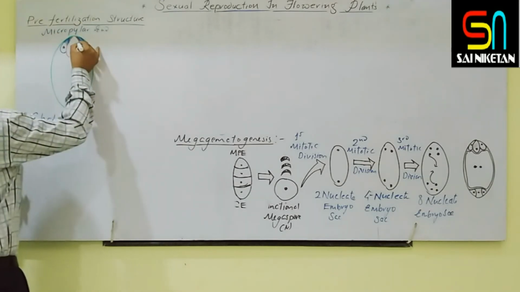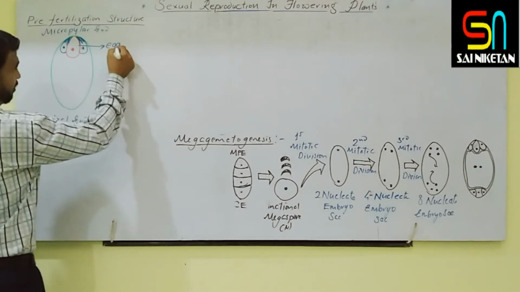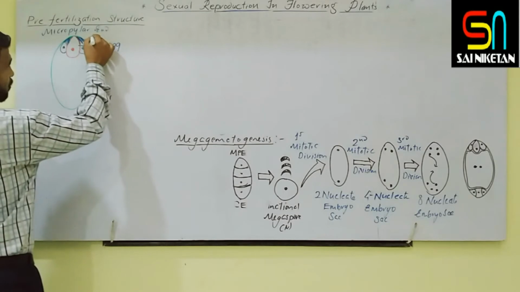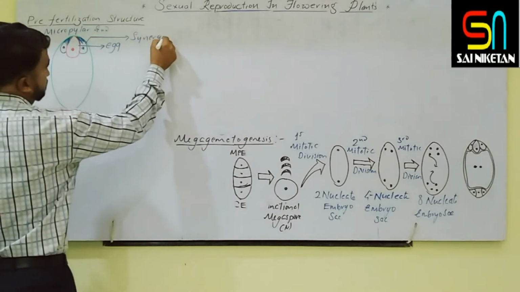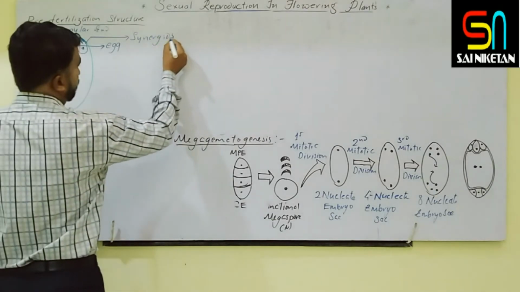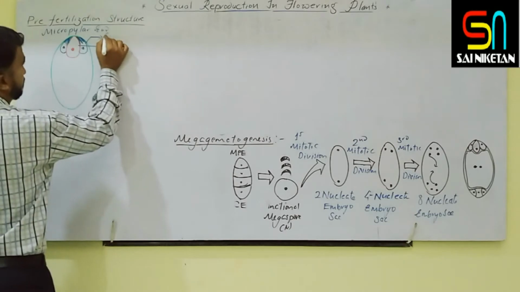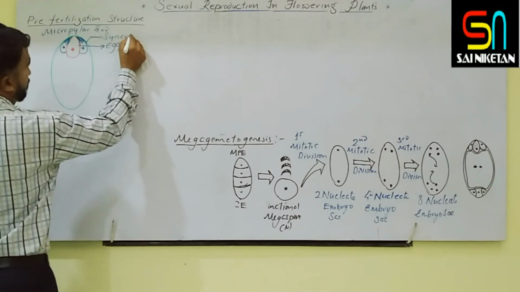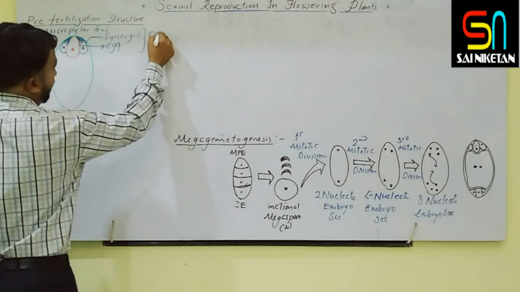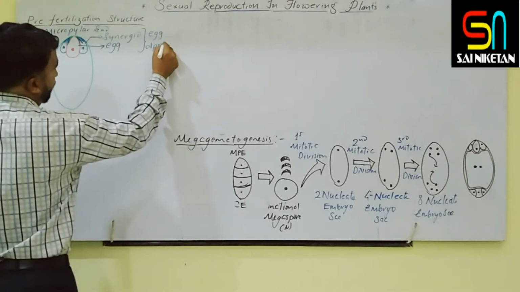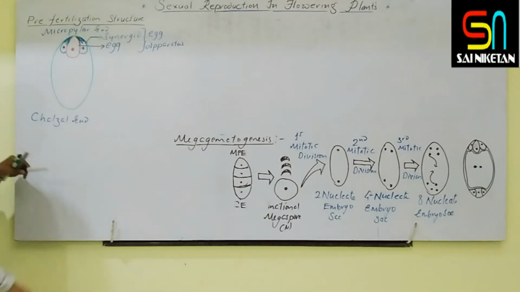In that, the central cell is called the egg cell or the oosphere, and the two lateral cells are called the synergids. Collectively, the synergids and egg are called the egg apparatus, which is present toward the micropylar end.